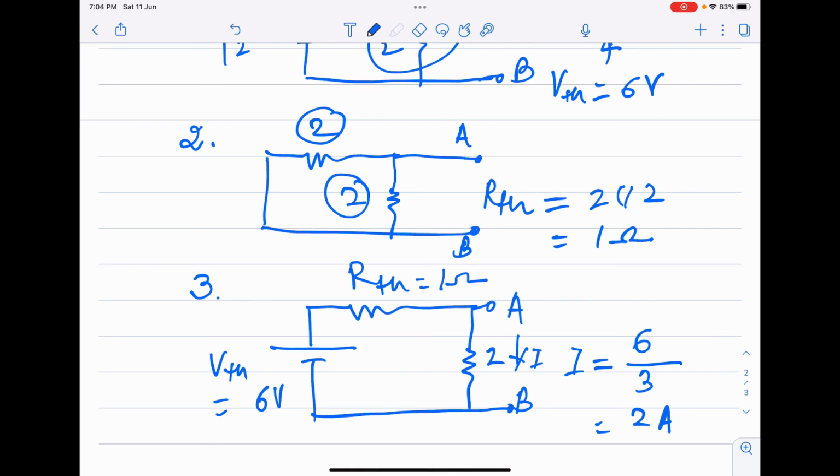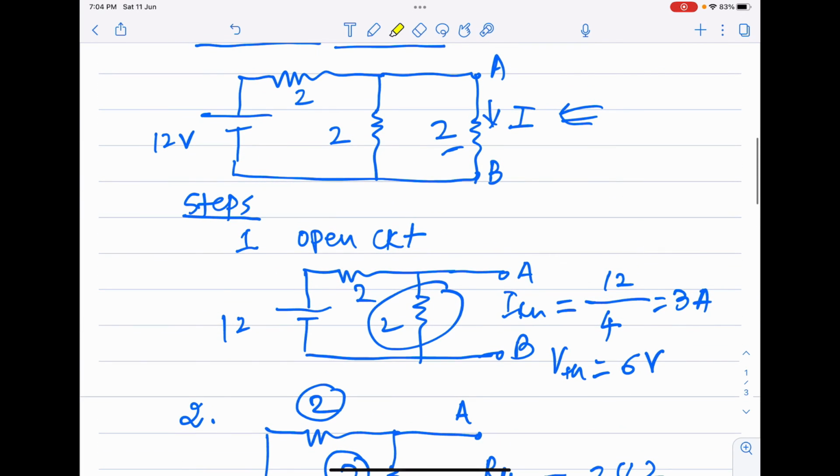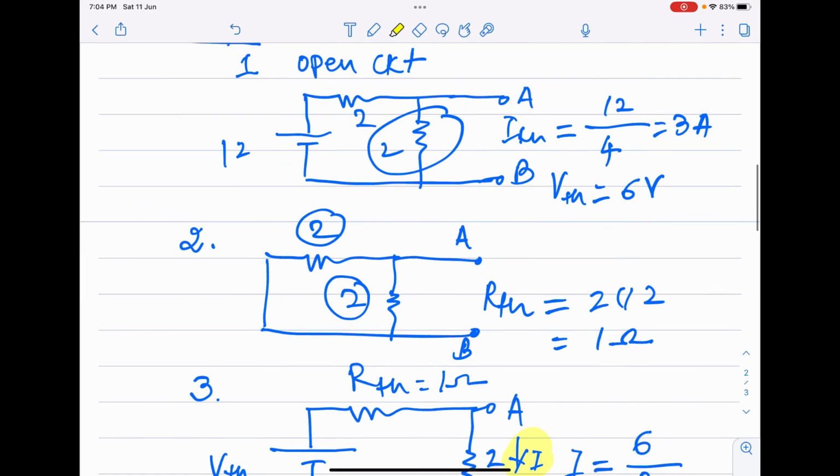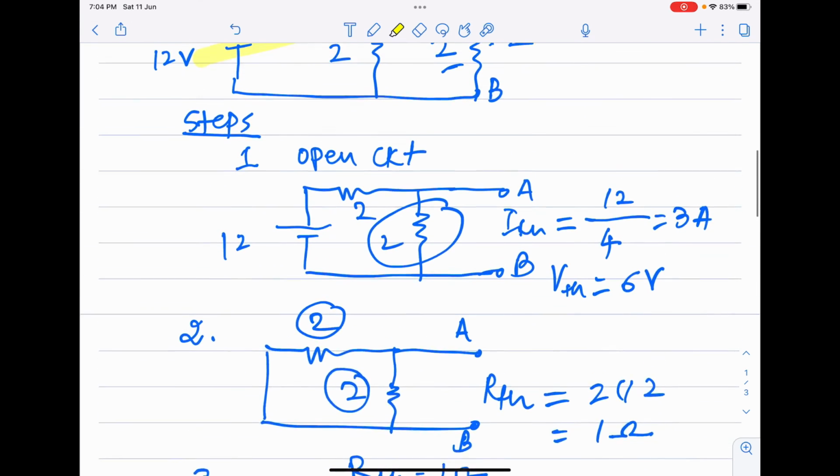So now one can easily observe that we are able to find the value of this current I equal to 2 ampere. And in order to find this value, what we have done is that we have used Thevenin's theorem. That is, we have converted this circuit into this simplified form so that we can easily obtain the value of the current flowing through the 2 ohm resistance.